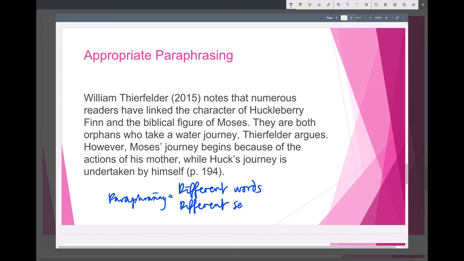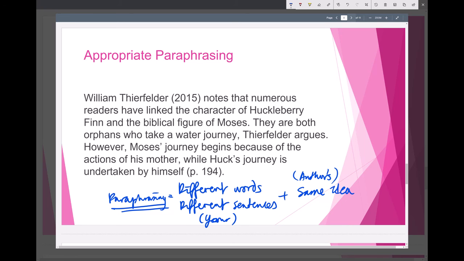Different sentences, but with the same idea, and that's the author's idea. Different words and different sentences, those are your words and your idea. And that's a good paraphrase.